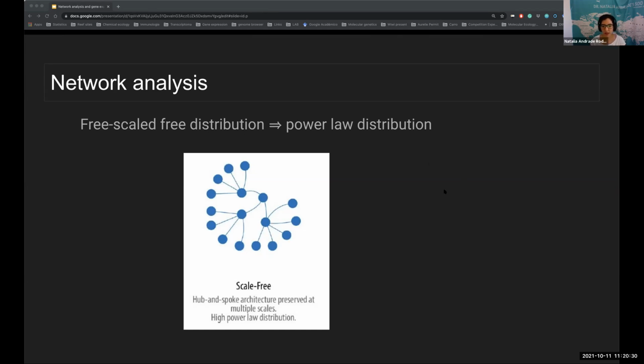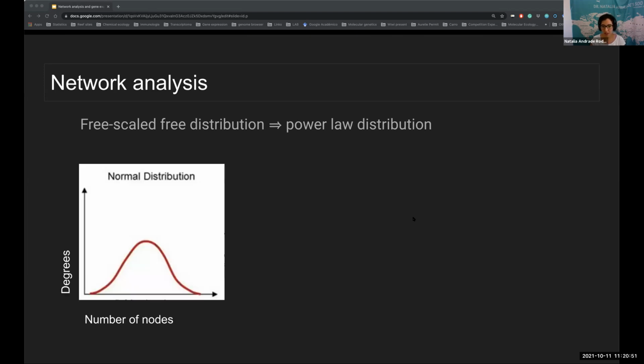Let me read this, because it means that we will have a low number of nodes that are highly connected and very many nodes that are lowly connected. I try to explain this by comparing it with a normal distribution.